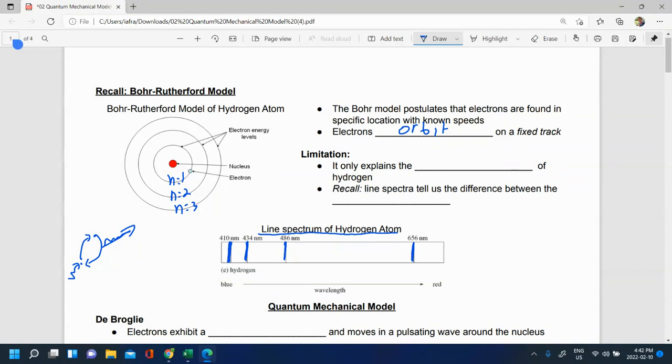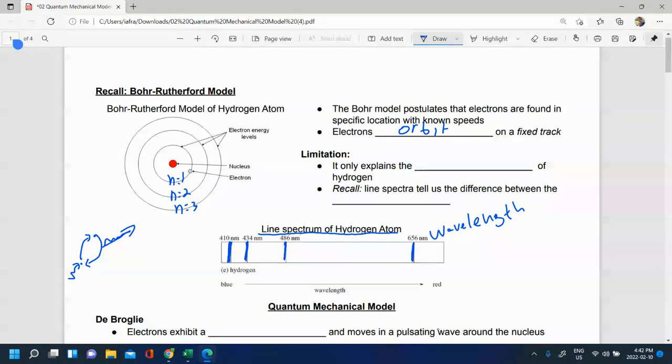What Bohr was able to explain is that each of these different lines was basically a different jump that could happen. So, for example, if we look at the wavelengths here, these numbers are wavelengths. That tells you the corresponding wavelength of light that was released by the atom.